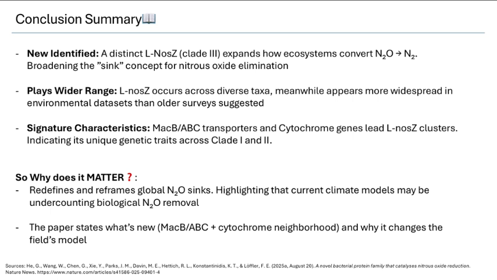Many field assays that target only canonical NOZ likely under-detected this clade, and the climate models that rely on those data may undercount biological nitrous oxide removal. Here's the core message: a bigger but more diverse sink than we thought before, with clear implications for methods and modeling.